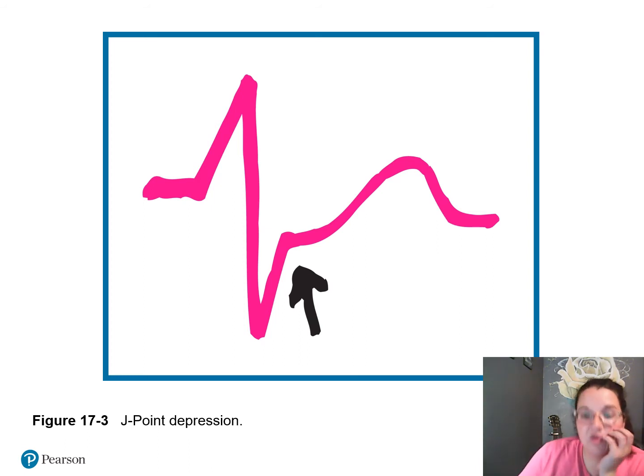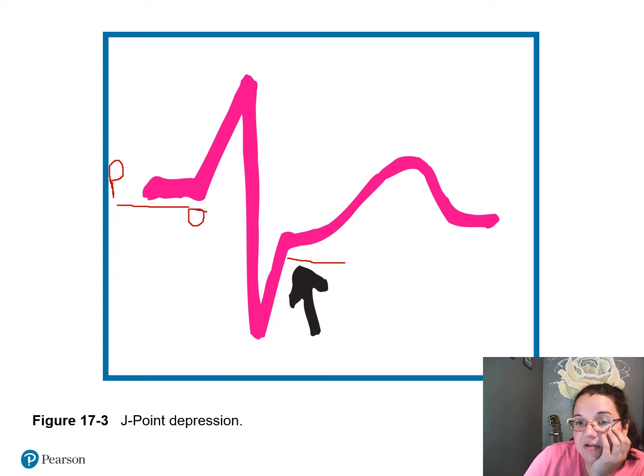So we know that we have our PR segment right here, and we have our ST segment right here. Because before this, we're going to have our P wave. Here is our Q, R, and S. And then here is our T wave. How do we know if we have ST elevation or depression?